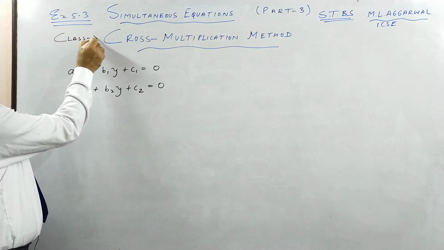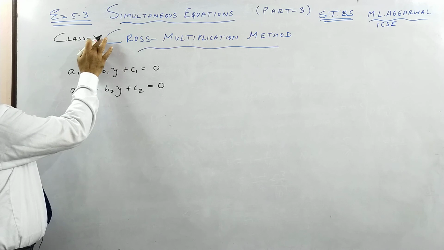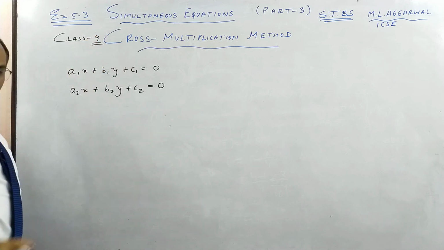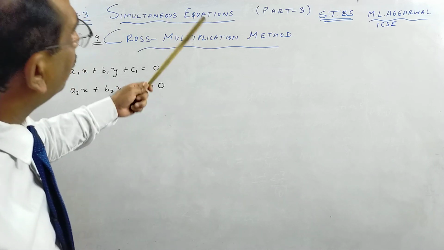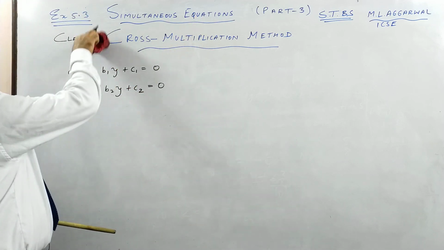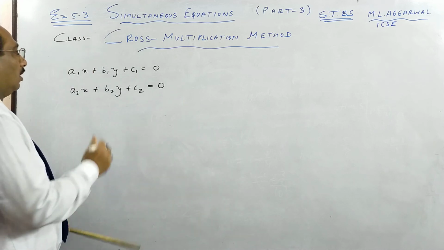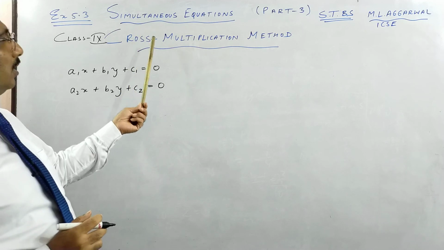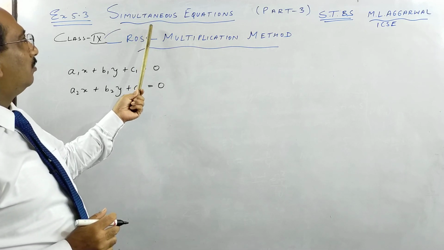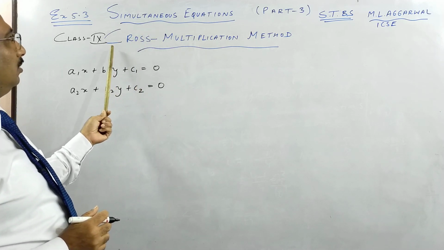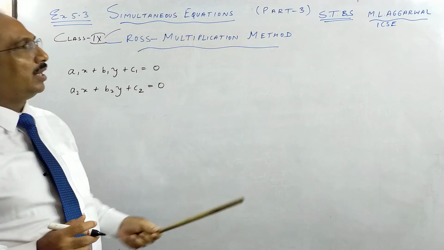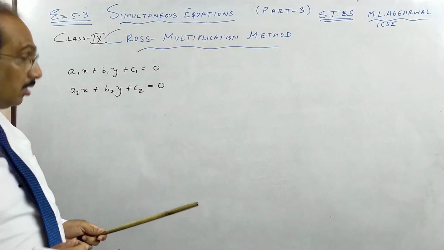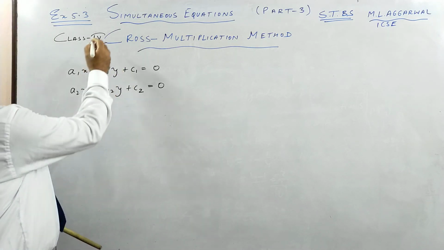If you have seen my two earlier videos, in part 1 I solved simultaneous equations by the substitution method. In part 2 I did the elimination method, and in part 3 I am going to start the cross multiplication method.